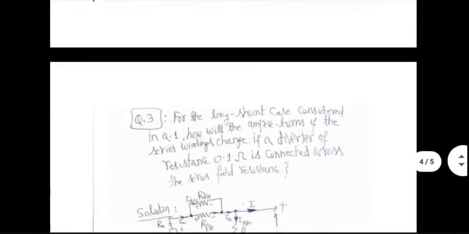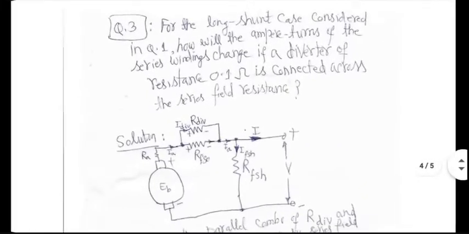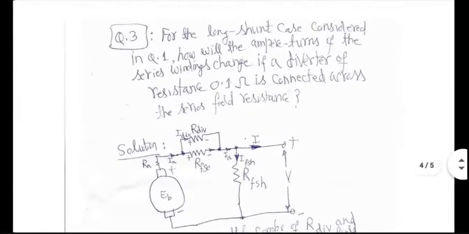Here we go. This is the diagram. You are connecting a diverter in parallel with RFSC, and the value of the diverter is 0.1 ohm. All other values are identical to what we had in question 1.